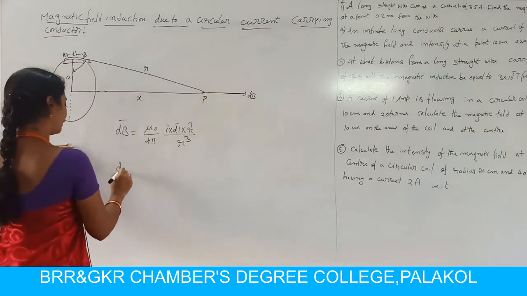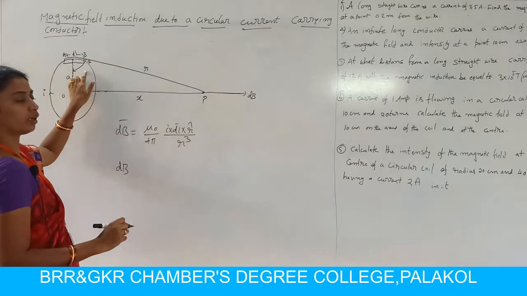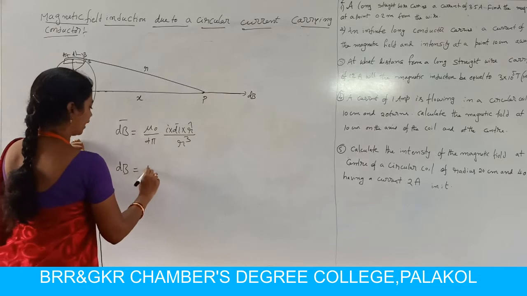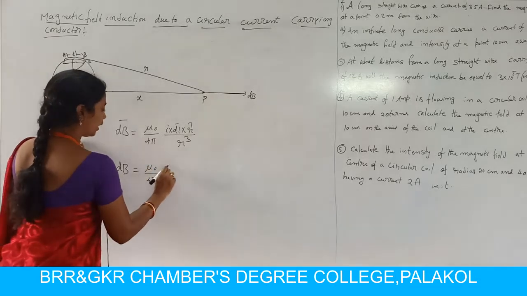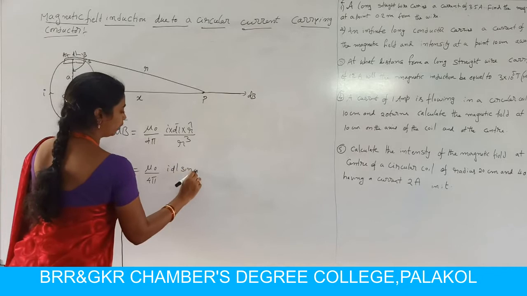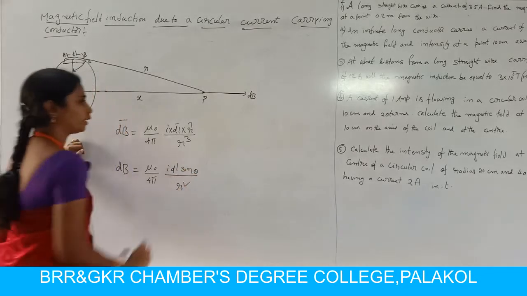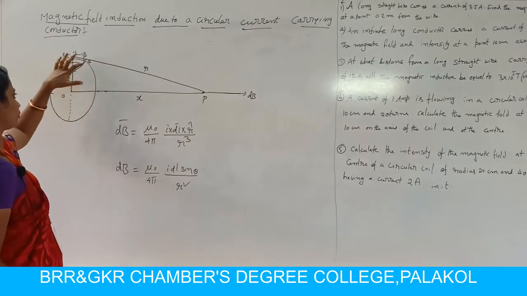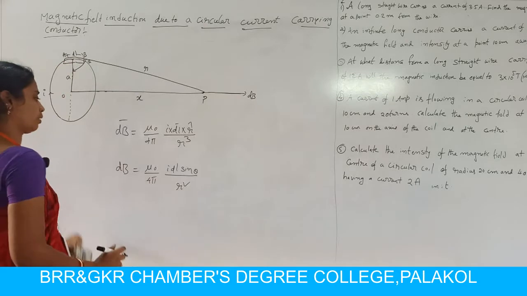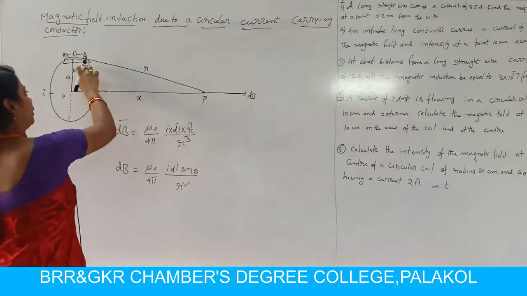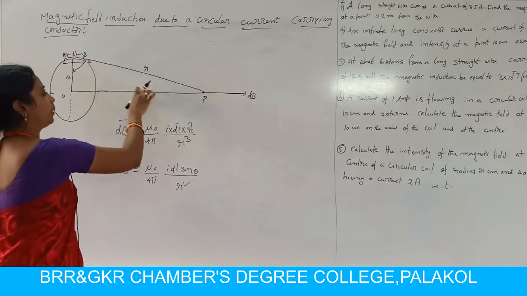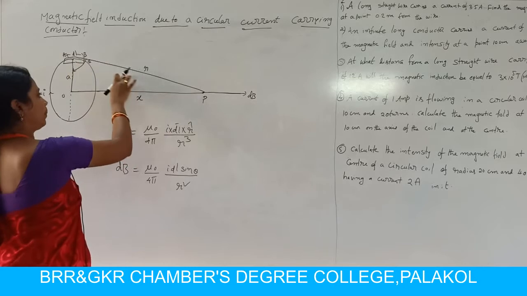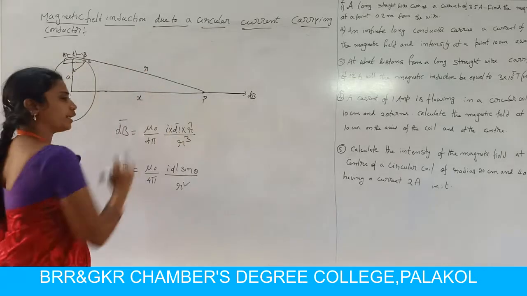Here the magnetic field induction makes an angle theta with this elemental length. So dB equals mu naught by 4 pi, I dl sin theta by r square, where theta is the angle between the elemental length and the direction of the field. Here dl is perpendicular to r and dB.